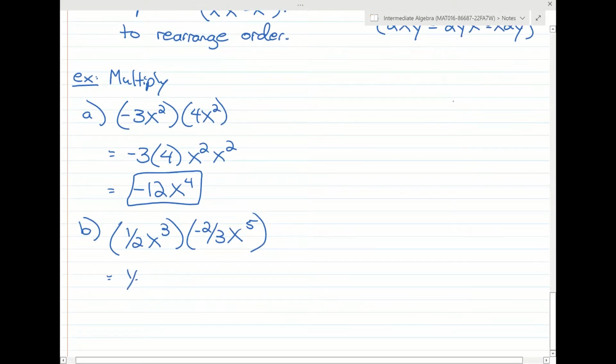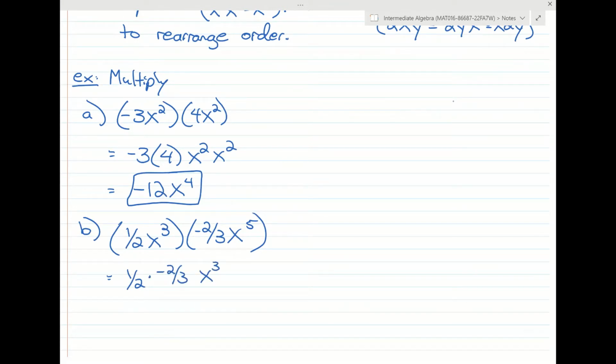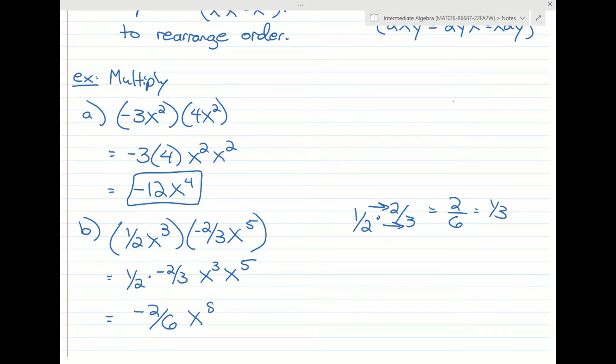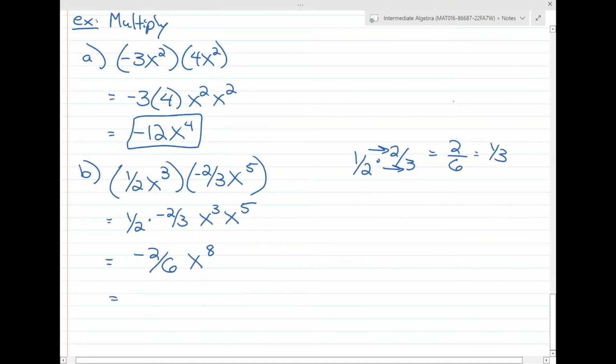Well, just like before, we could just do 1/2 times negative 2/3 times x to the third times x to the fifth. When you multiply fractions, we just go straight across. But like 1/2 times 2/3, you just multiply the top numbers and the bottom numbers. This would just be 2/6 or 1/3. Right? That's how you multiply fractions. This would just be negative 2/6 x to the 8, and then we could just reduce. This is negative 1/3 x to the 8.